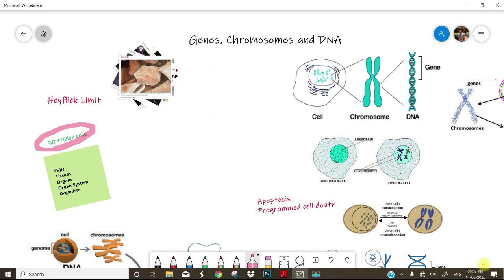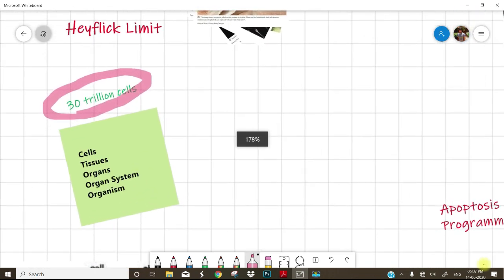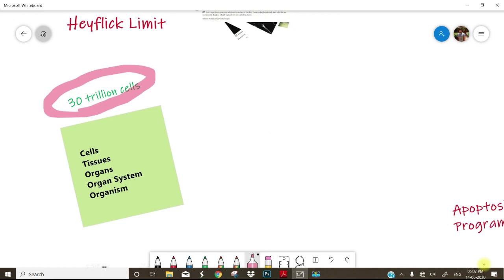So, a group of similar cells constitute tissues, and tissues constitute organs, organs to organ systems, and different organ systems to an organism. So the cell is the fundamental unit of all living organisms.